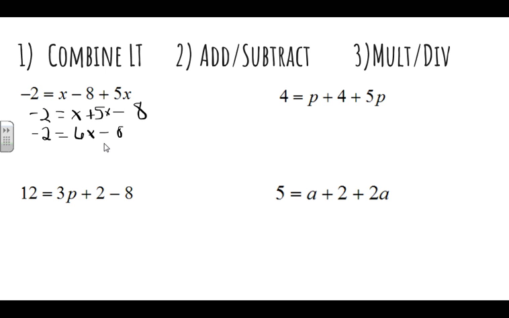All right, now to solve, we need to add 8 to both sides. All right, negative 2 plus 8 is going to be 6. So 6 equals 6x. So we would divide both sides by 6. And we get that x equals 1.